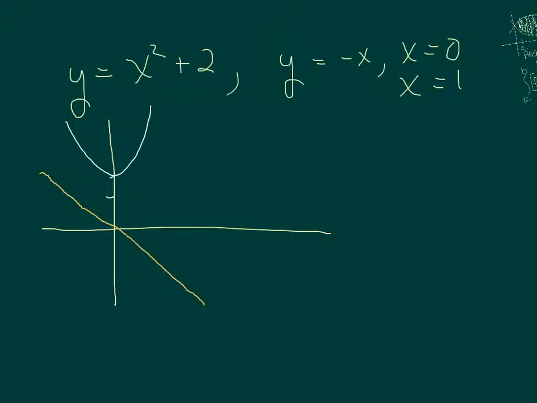So it's easy to see which is the upper function and which is the lower function. And now I am going between x equals 0 and x equals 1. So if we were to look at the area, that's the area that we're looking for.